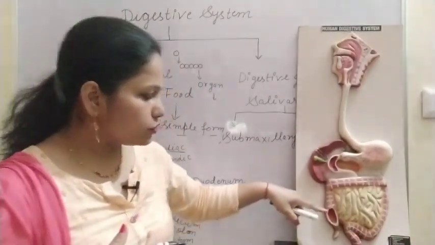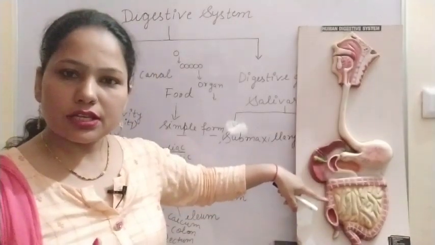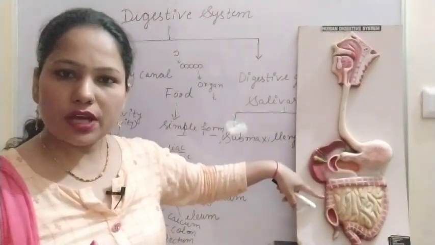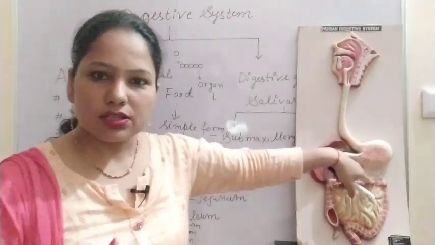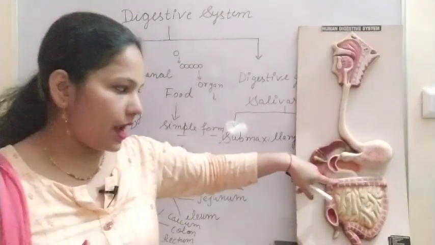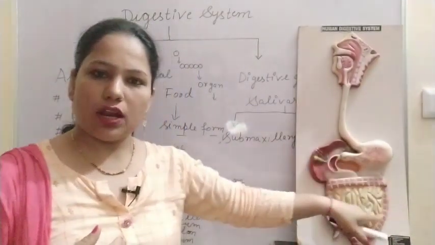Now the colon. If it is going in an upward direction, it is the ascending colon. If it is moving like this, transverse colon, and if it is coming downward, descending colon.